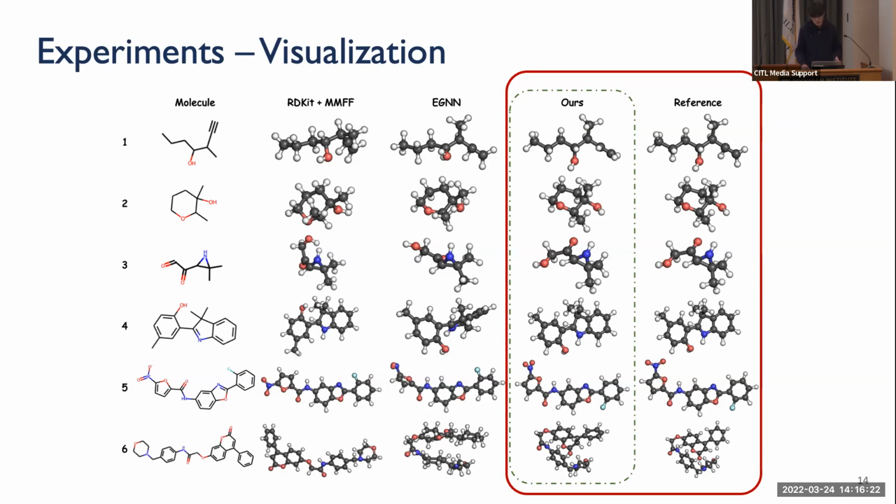So for some failure cases, I think I didn't do such visualization, but if the molecules have many rotatable bonds, it will be difficult for the model to reach the lowest energy state. But it can also generate some low energy state conformers.